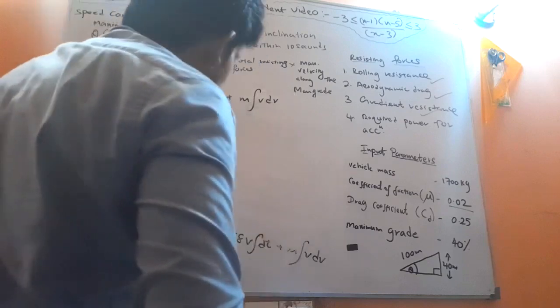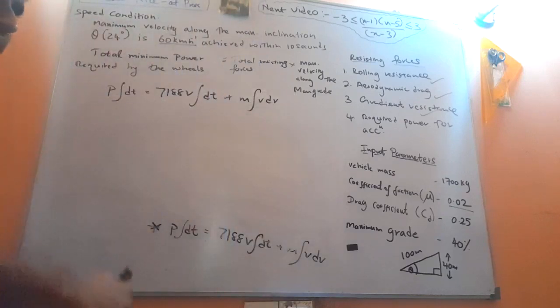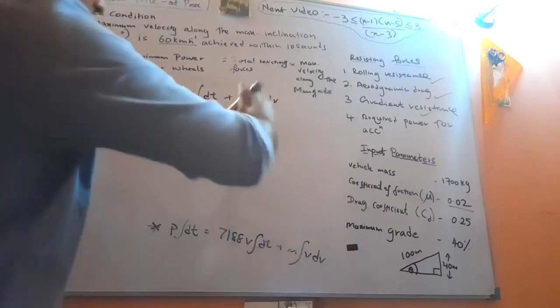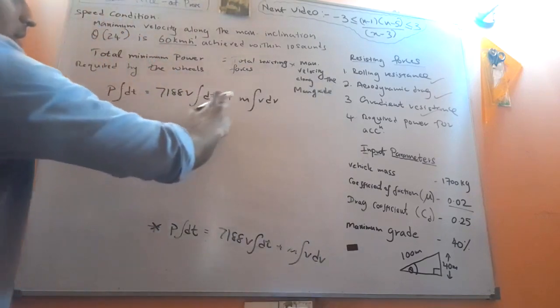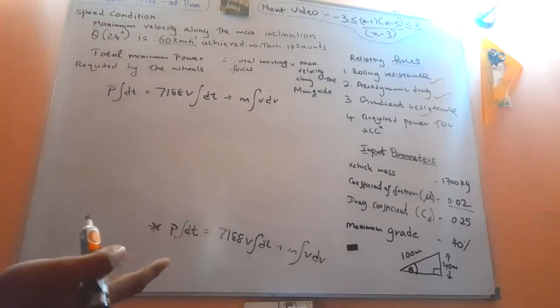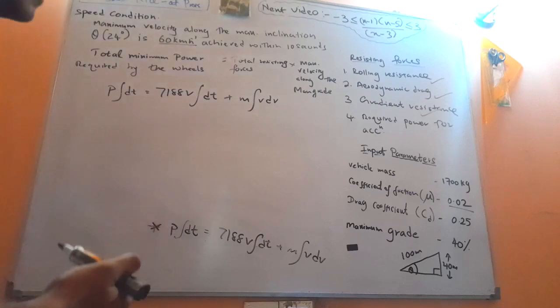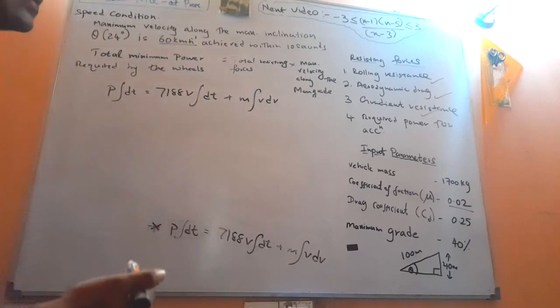Now we are going to integrate with respect to the related derivatives, dt and dv, within the range. If you are going to integrate and after that you want to obtain a certain value, we have to specify the range.